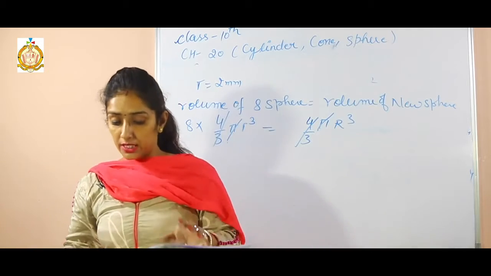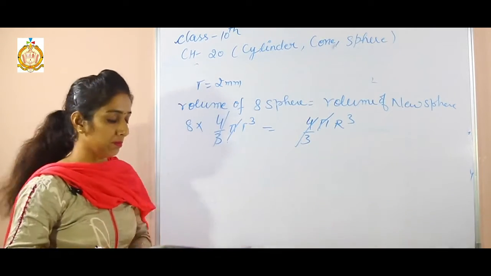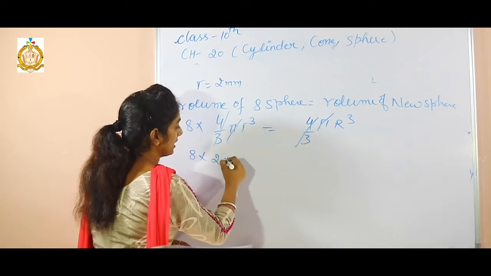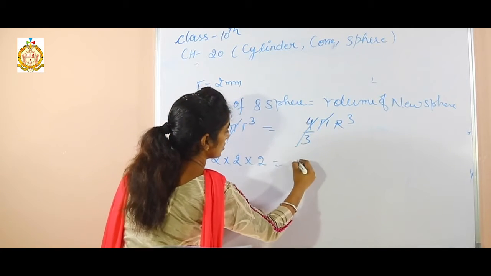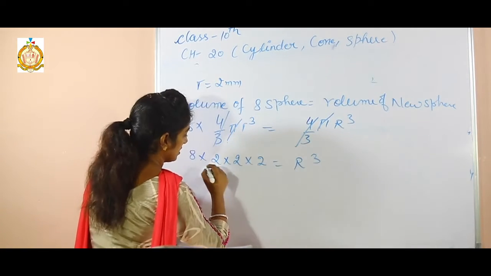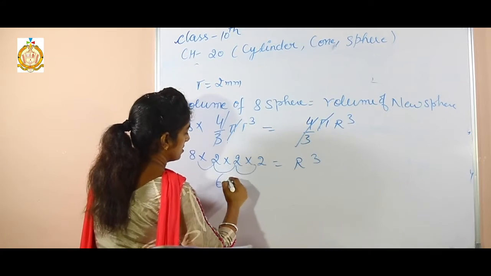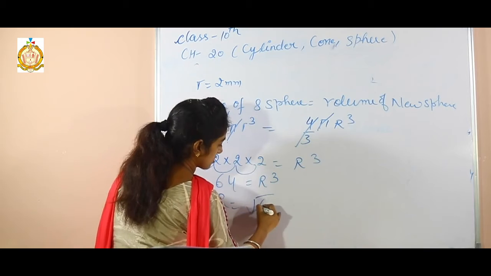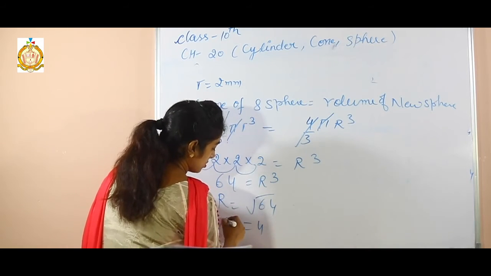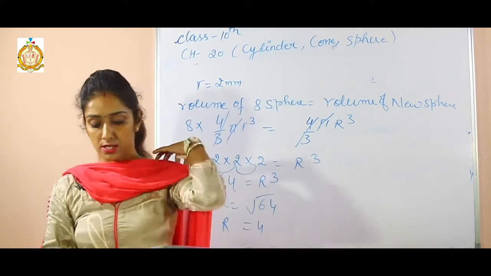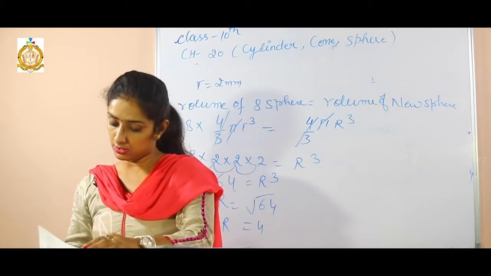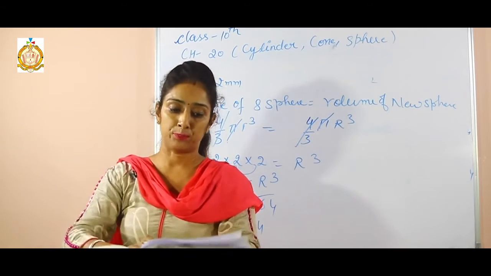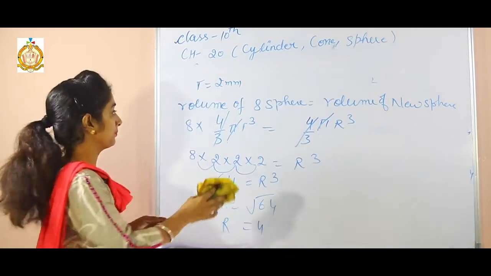Now each radius is 2 millimeter, means 8 times 2 multiplied by 2 multiplied by 2 is equal to r cube, which is 64 is equal to r cube, and cube root of 64 is 4. So what is the radius? Radius is 4. This is the radius of the new sphere. Now see the next question.